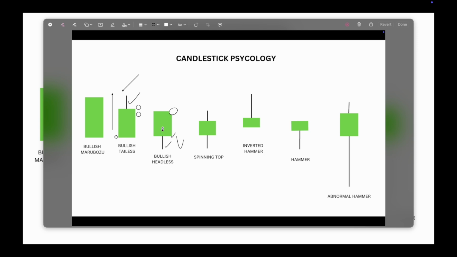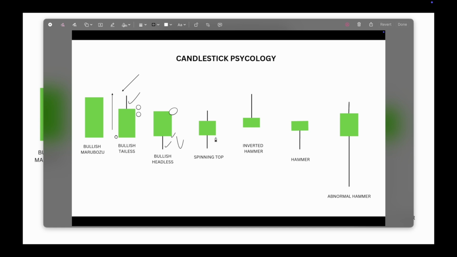After this comes the next type of candle, the spinning top. Why is it called a spinning top? Because the body of the candle and the wicks are in equal size, like a spinning top.